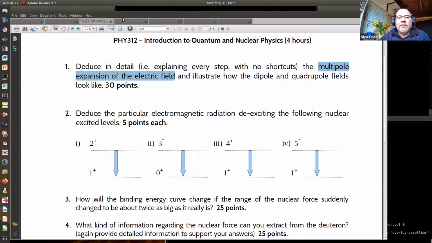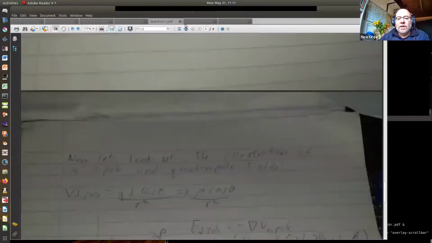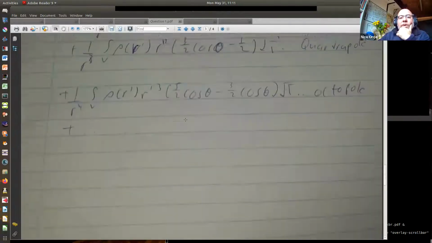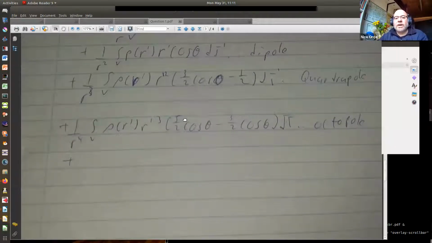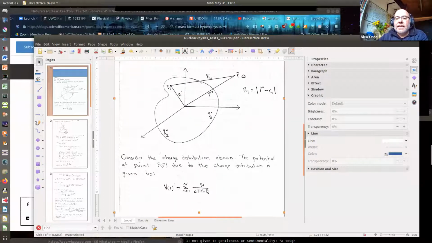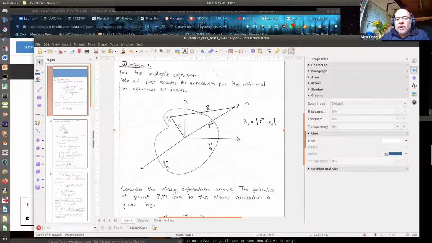For instance, there was this question. There are many questions like this, where you reproduce very nicely this point. It must be said that the point is far from the source, from these sources here, so that we can apply a Taylor expansion later on.